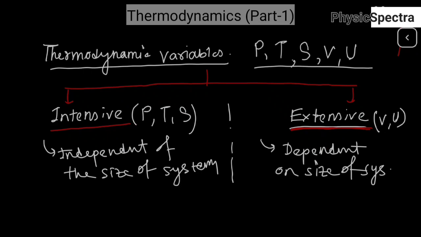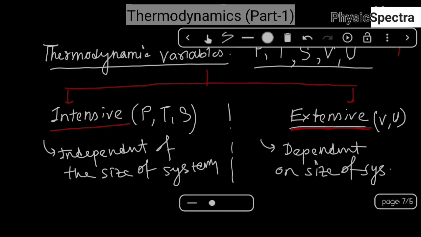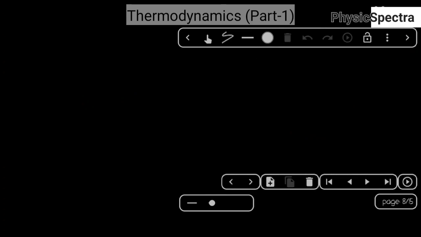Just like this, the internal energy. Let's say some system has some gases, and all these gases have some internal energy in them. If we make a wall inside the system, then the internal energy of the two sides will also get divided, isn't it? So let me just explain you in another slide.